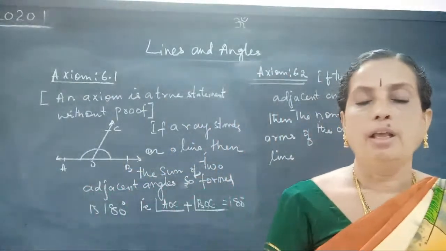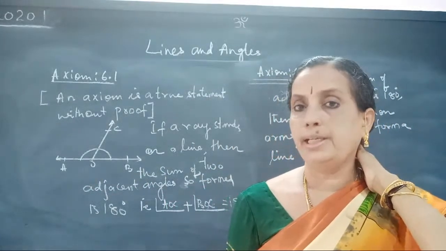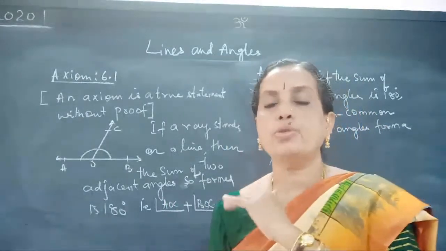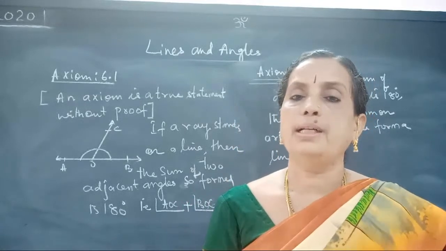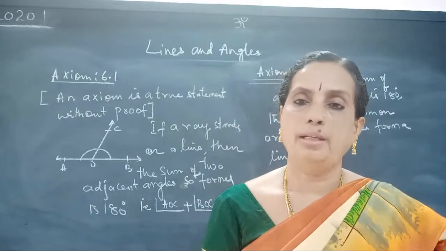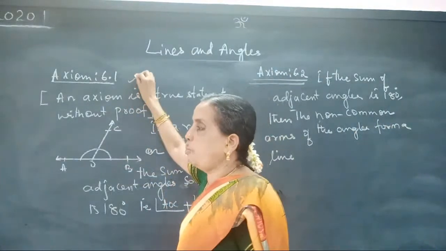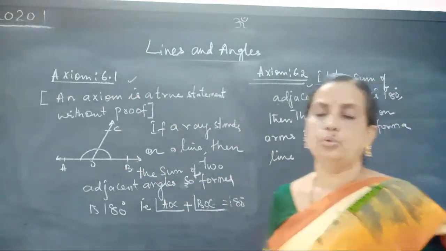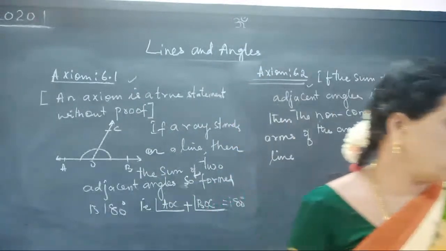Is that clear? If the sum is 180 degree, they are linear pair angles. Conversely, if the sum of two adjacent angles is 180 degree, they form linear pair angles. This is how we define axiom 6.1 and axiom 6.2. Go through it once again before I move into the next concept.